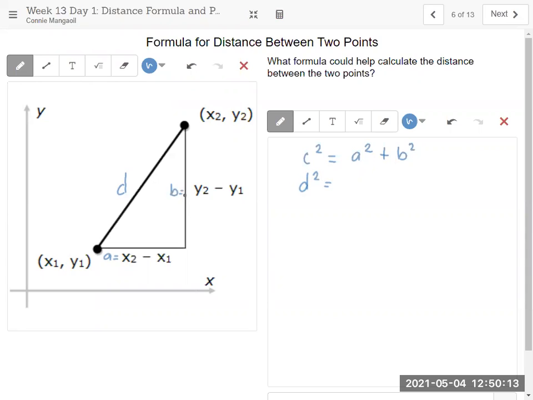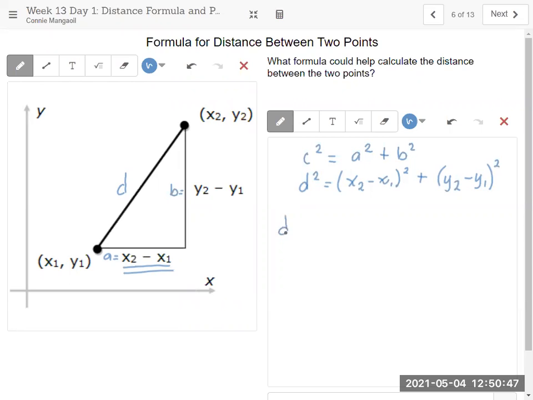So it's equal to a squared. Your a is x sub 2 minus x sub 1. So this a here, we'll replace it by x sub 2 minus x sub 1. So that's your a squared. All right? And then our b is y sub 2 minus y sub 1. So we will replace the b by y sub 2 minus y sub 1. Okay, so you have your c squared equals a squared plus b squared.